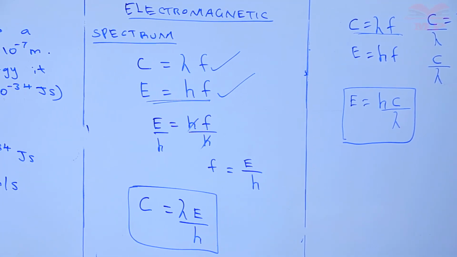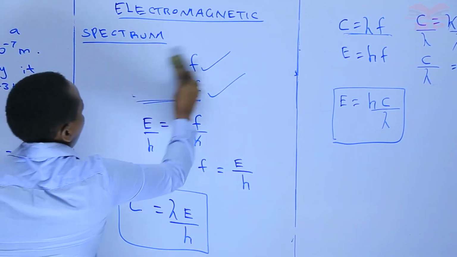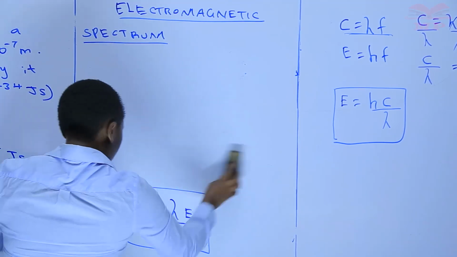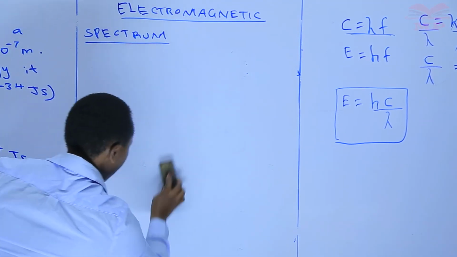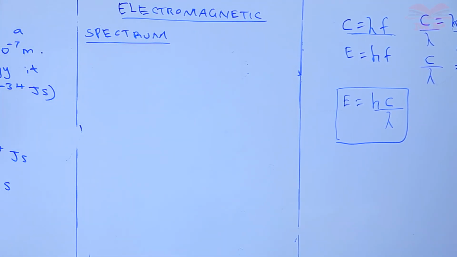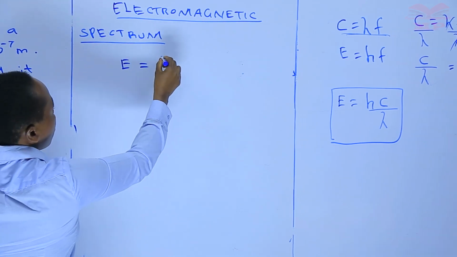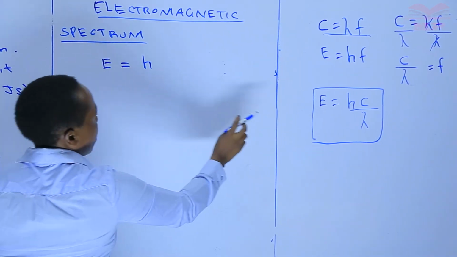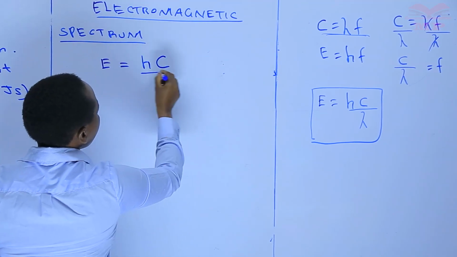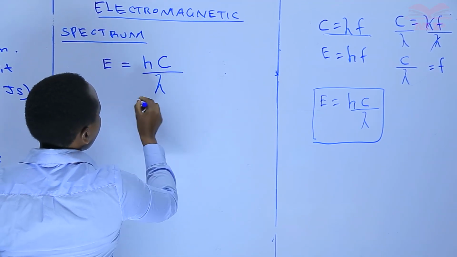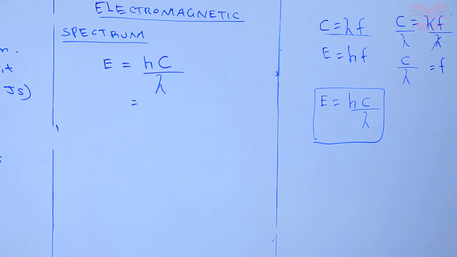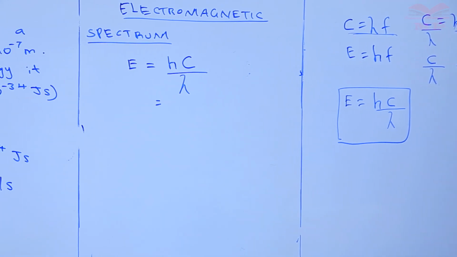So we can apply that formula. Energy is equal to Planck's constant multiplied by the speed of light divided by the wavelength. So that is what we have. That formula has all the quantities that we have here.